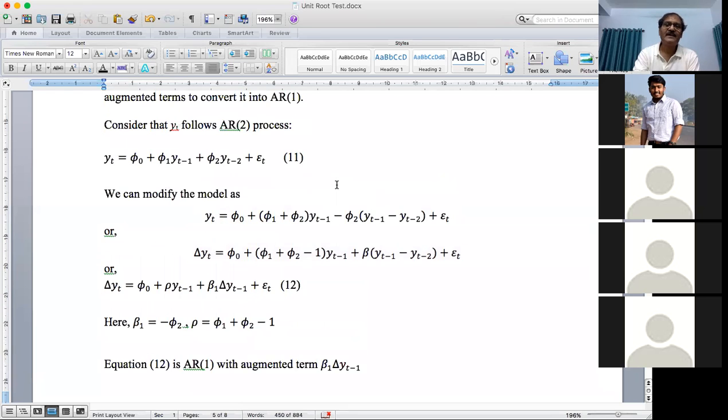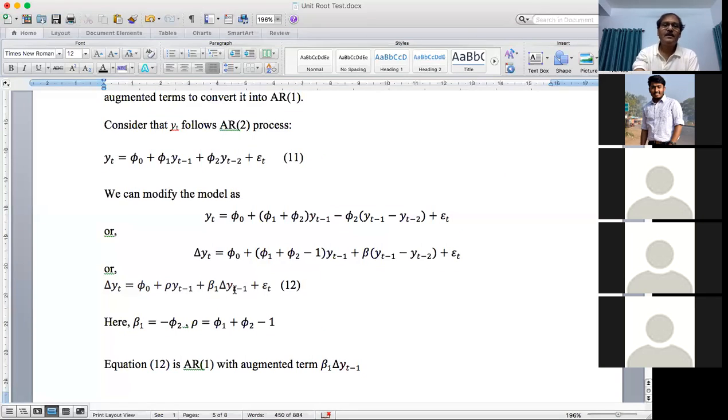So what we have done is that equation 11 is converted into equation 12. Now if we look at the behavior of equation 12, it is AR1. Just look at it. Equation 11 was AR2. We have converted AR2 into AR1 just by adding this component. This component is called the augmented term. That's why this model is called augmented Dickey-Fuller.